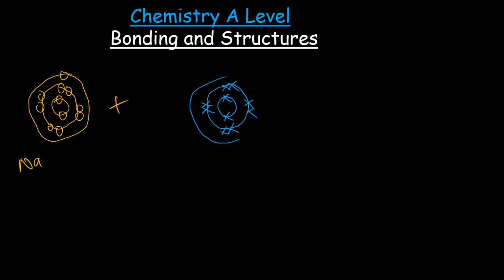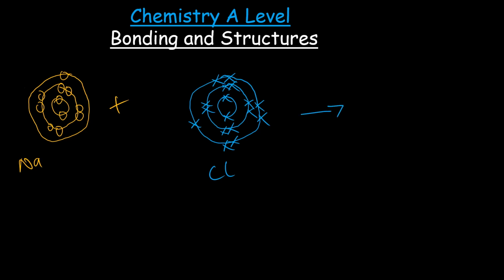Then we have 7 electrons on the outermost shell: 1, 2, 3, 4, 5, 6, 7. So this is chlorine. When they combine, we will have sodium chloride.